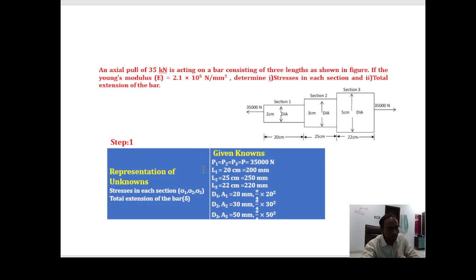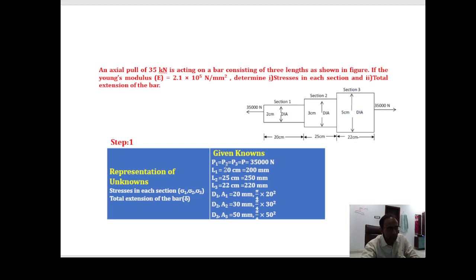So if you systematically mark it, the unknown quantities in this problem are the stresses in each section. He is asking us for sigma 1, sigma 2 and sigma 3, the stress in each section. And he is also asking for the total extension, which is delta.